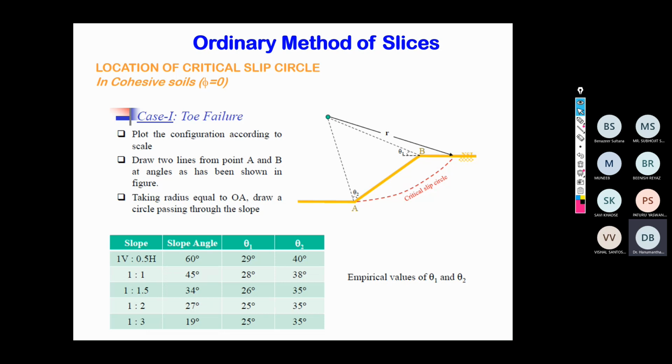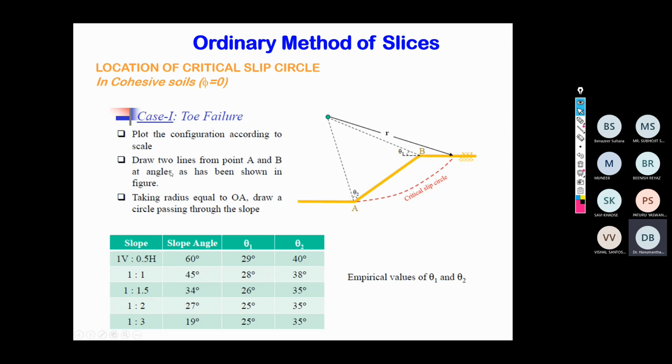Let us try to understand how, in the ordinary method of slices, to identify the center of the slip circle considering the toe failure. Steps have been given. First, plot the embankment configuration according to scale.